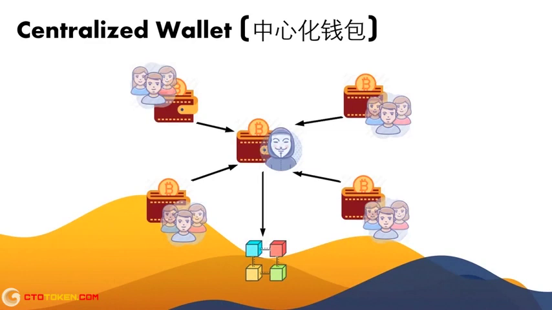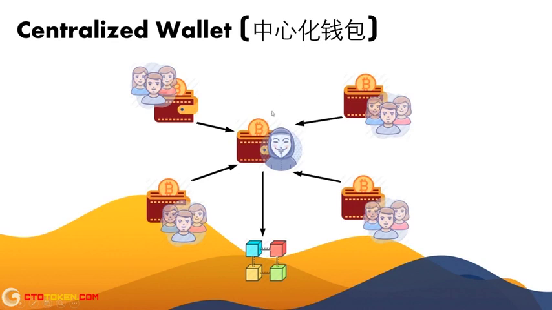You can look at centralized this way: all the wallets are stored in one single centralized server, and this server controls all the assets from the various wallets into a blockchain. The centralized server has to tell each individual wallet how much they have, not from the blockchain, but from a database.